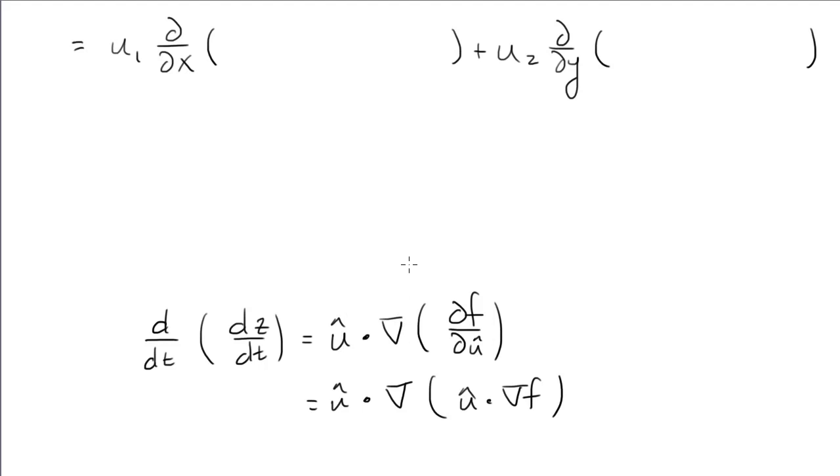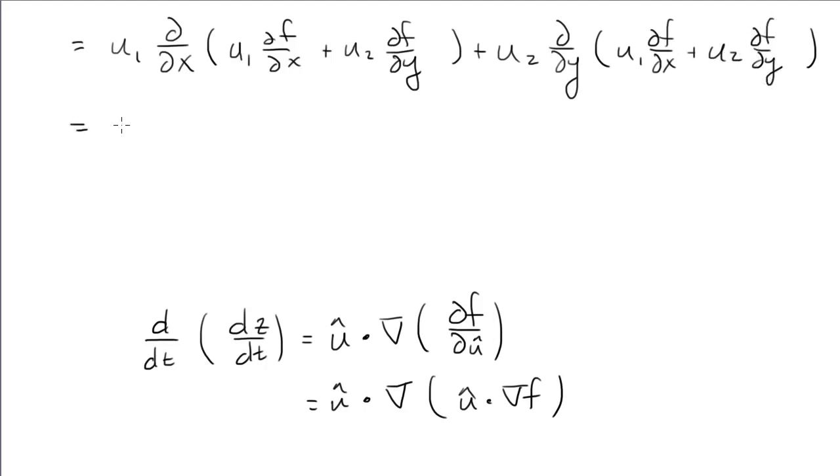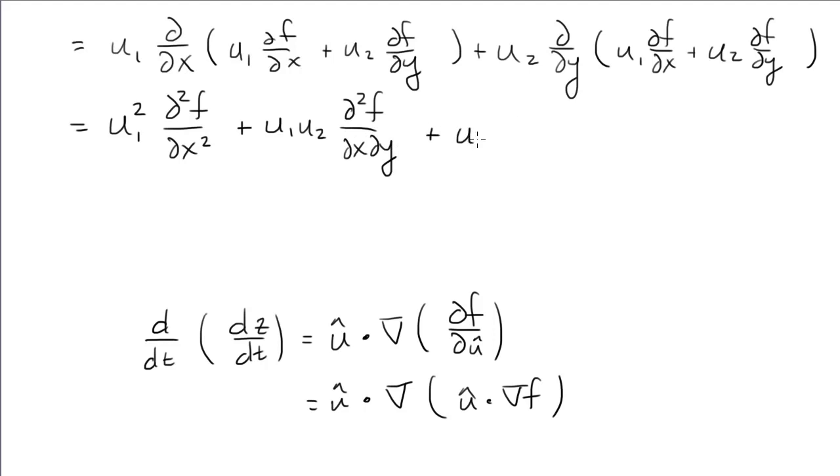There's our u dot the gradient of u dot the gradient. u is a constant with respect to the x derivative. Take an x and y partial. As long as f is smooth, it doesn't matter what order you take those partials, you get the same answer. So we can collect them together.